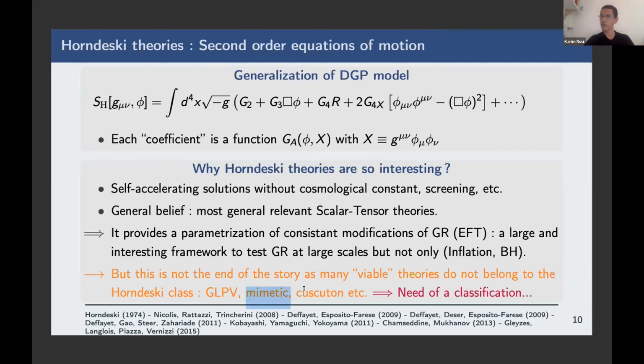And also Kuscetton and many other theories. All these models appeared after Horndeski, and there were arguments to say that these theories are safe, in the sense that they can be nice and interesting scalar tensor theories for describing dark energy, for instance, but they do not belong to the Horndeski class. So there was a need for a classification to understand what was going on, in fact.